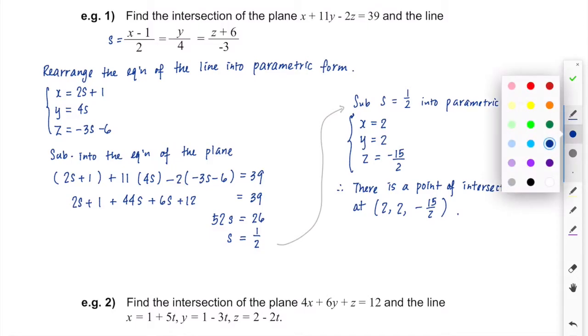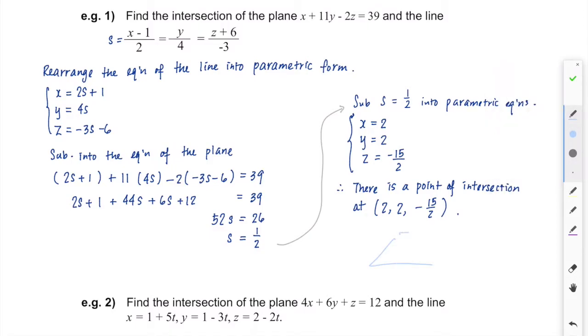Okay, so the idea here is we have a plane, we got our line kind of protruding through here, meeting at point P, 2, 2, negative 15 over 2, like that. Okay, if I want to get fancy, maybe I can shade in the plane like that. Okay.